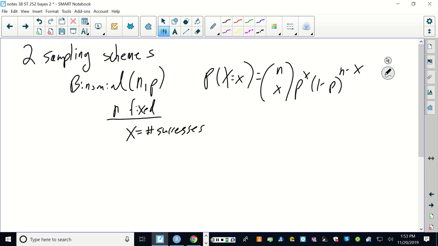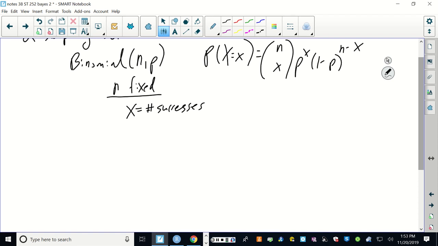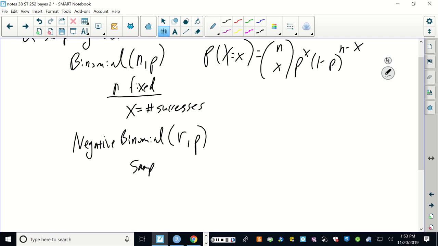There's another type of sampling, right, called negative binomial, where you sample until you get r successes. X equals the number of samples, there's different ways of calling it.